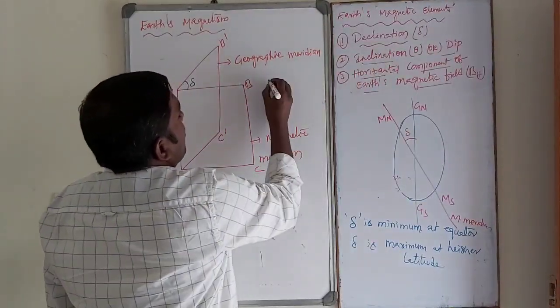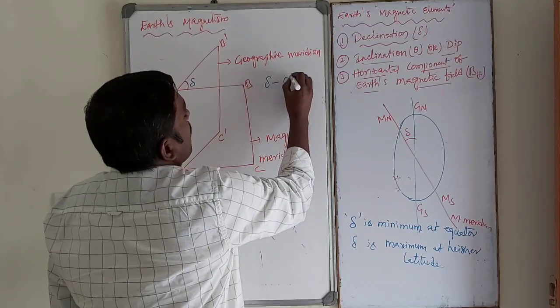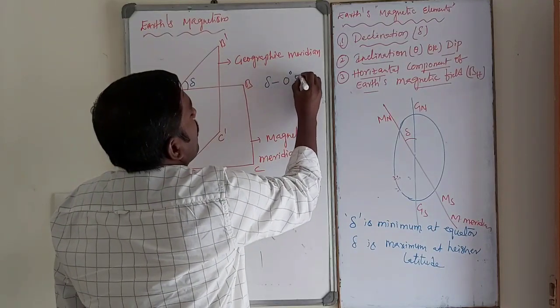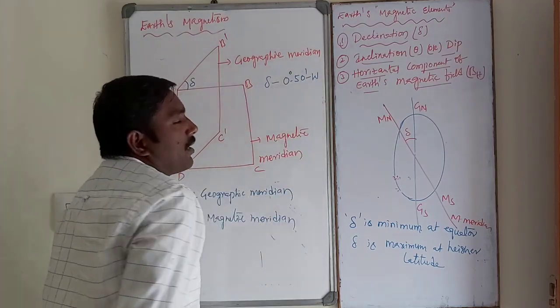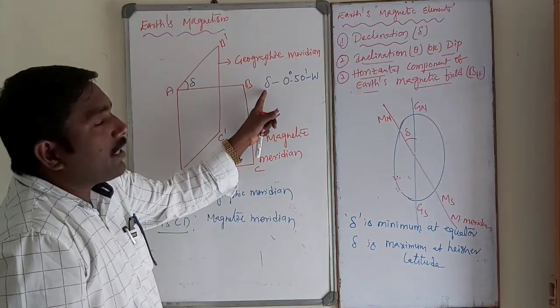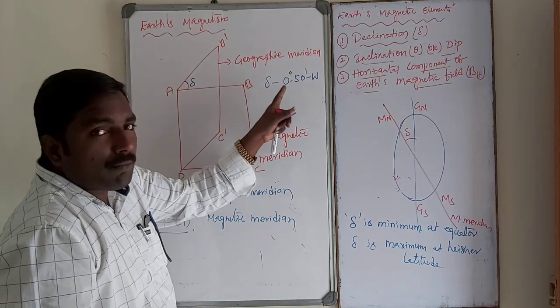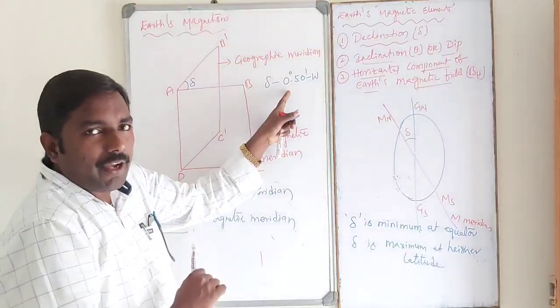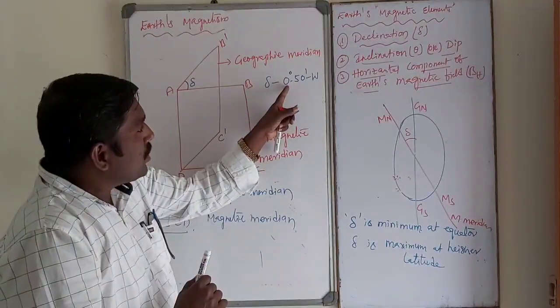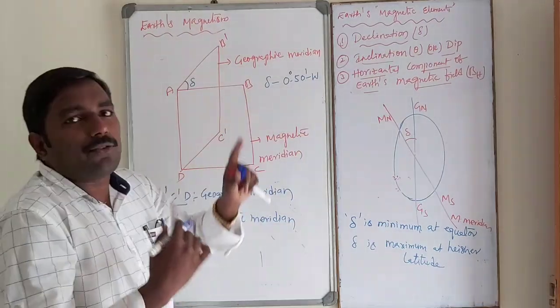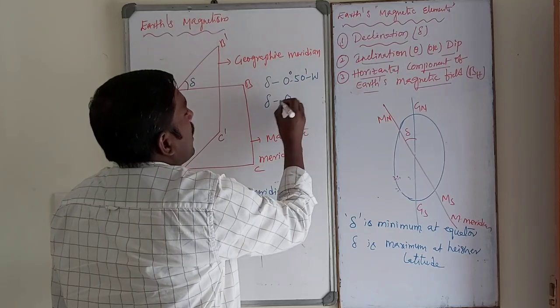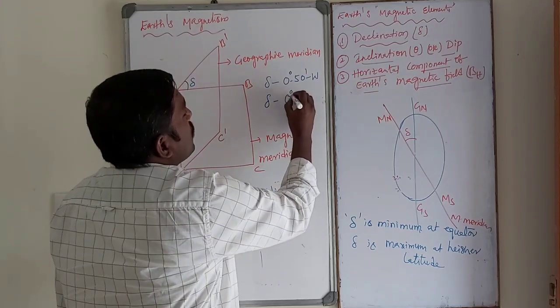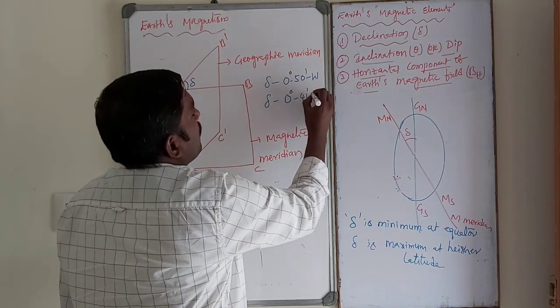The value of declination at Mumbai is 0 degree 50 minutes west, and the value at Delhi is 0 degree 41 minutes east.